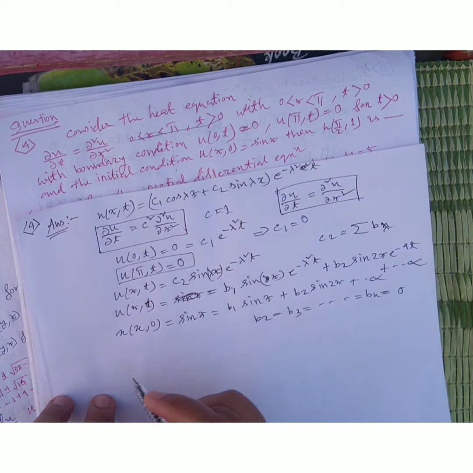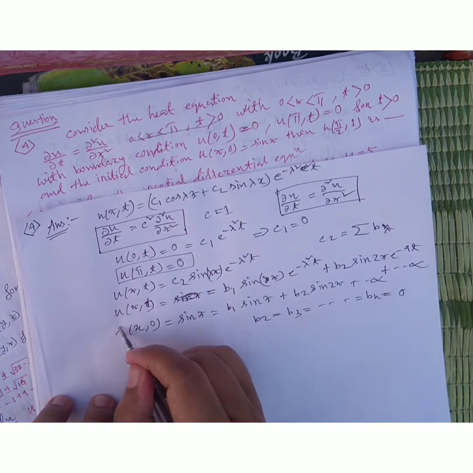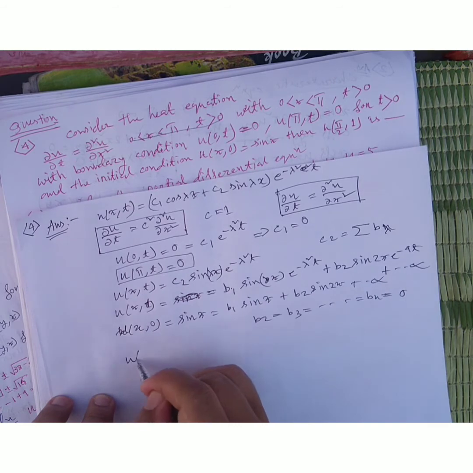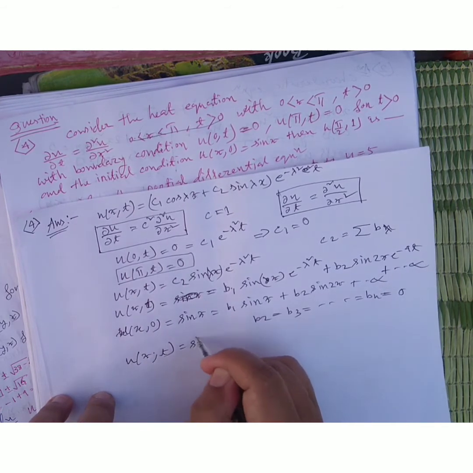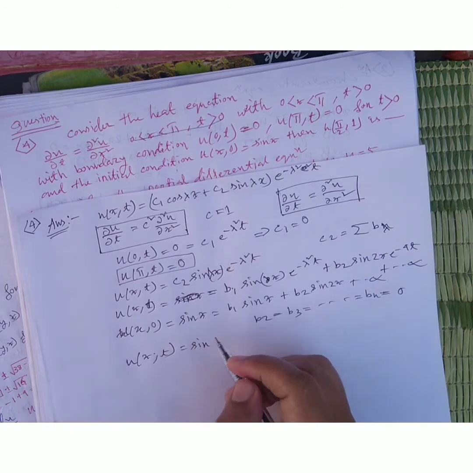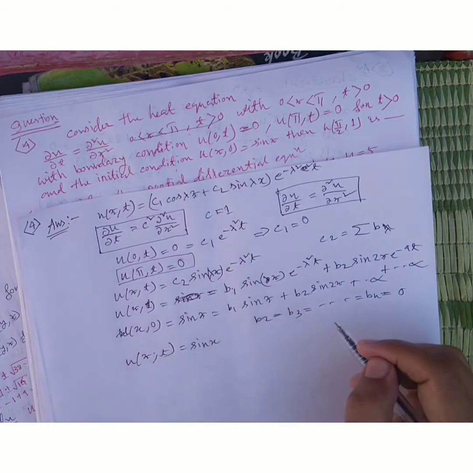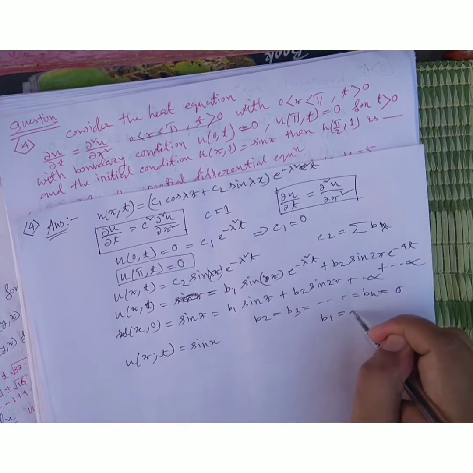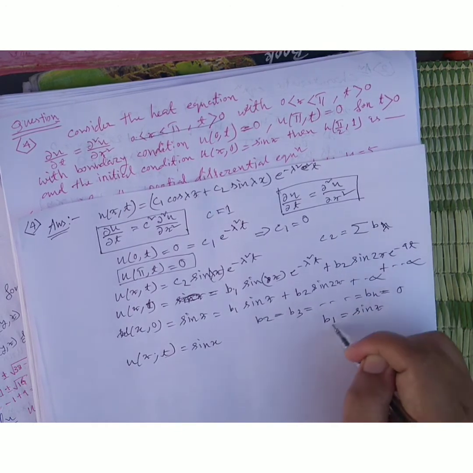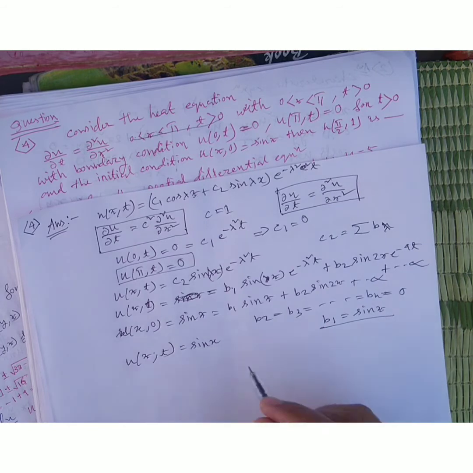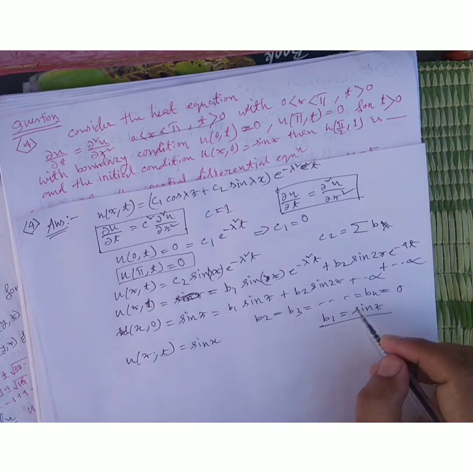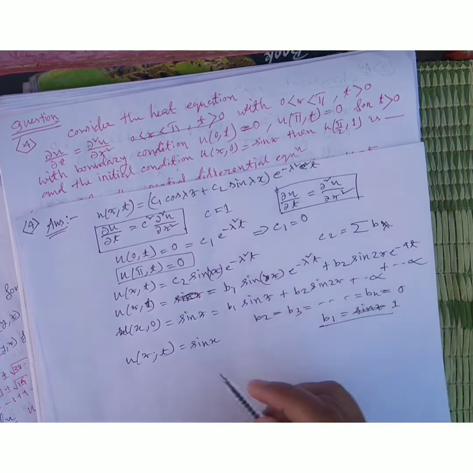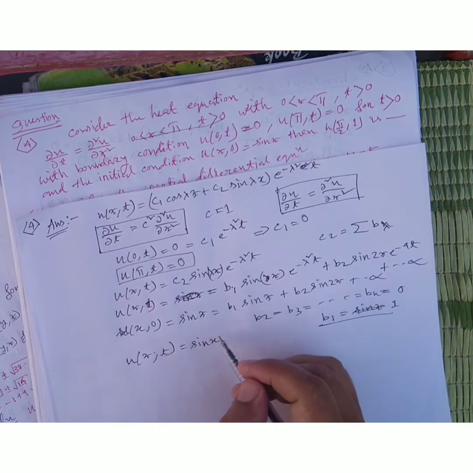So friends, whatever I get here, u(x, t) is equal to sin x, in the sense b1 is equal to 1. So b1 e to the power minus t.